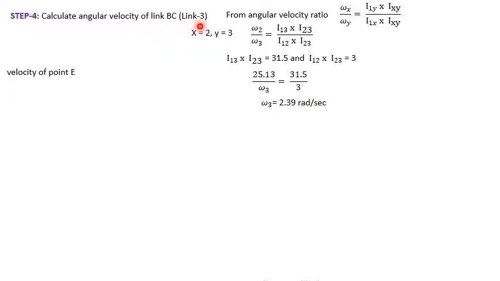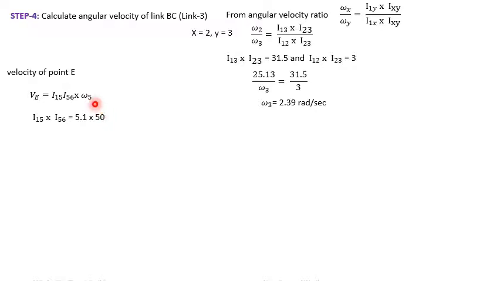Next, the linear velocity of the point E or link 6. We know linear velocity V is equal to R into omega, where R is nothing but the radius. From the instantaneous centers, consider I15 and I56. This gives the radius, whereas we have to find omega 5.